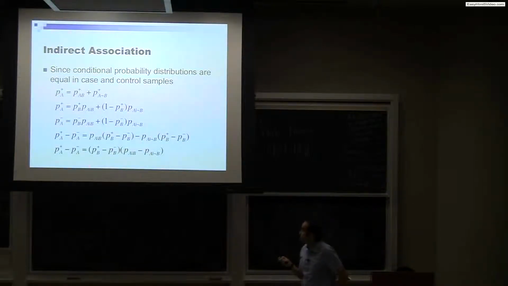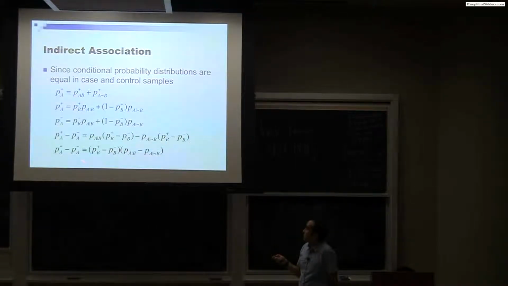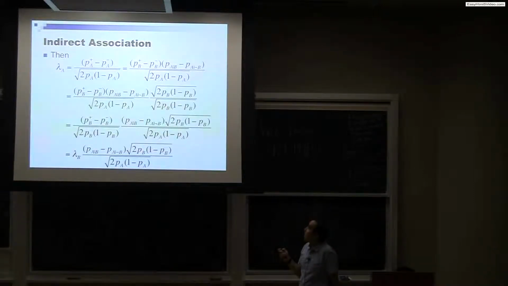Okay, so I have this value. This gives me this expression for this difference as a function of this difference times this. So now if I want to relate lambda A in terms of lambda B, because that's going to be the non-centrality parameter at SNP A, and this is going to be the non-centrality parameter at SNP B. So this is the formula for non-centrality at SNP A. What if I just plug in this guy down here for this up here?